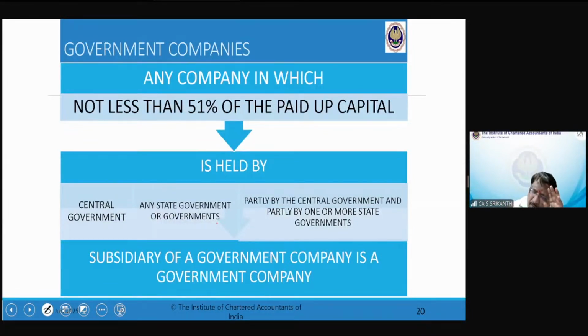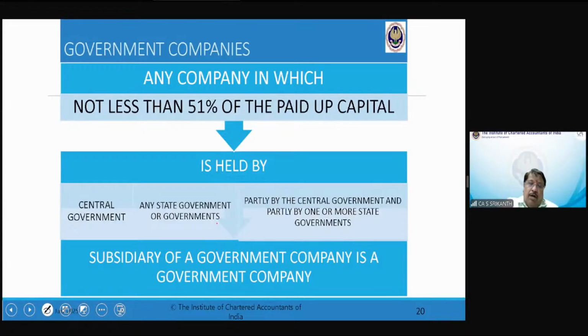Either only the central government, or only one state government, or more than one state government, or a combination. Whatever it is, any combination, total 51%, then it is a government company. Not 51%, not a government company.